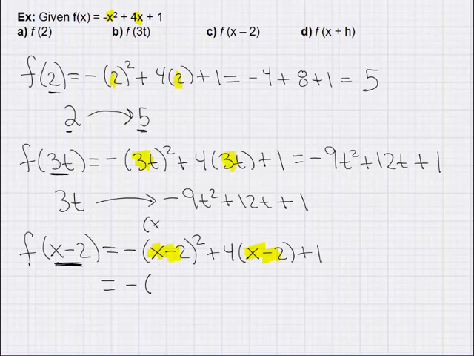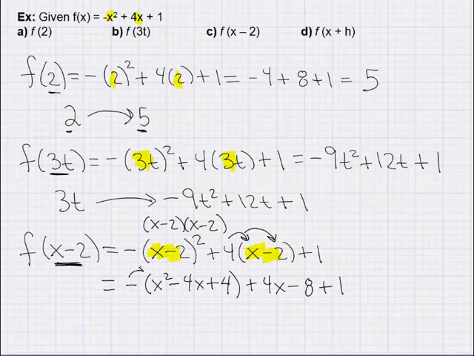Remember, algebra would be x minus 2 times x minus 2. You FOIL this out and you end up with x squared minus 4x plus 4. Okay. So that's that. I distribute this 4 in here and here, and I get 4x minus 8 plus 1.